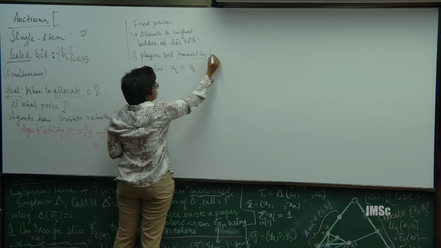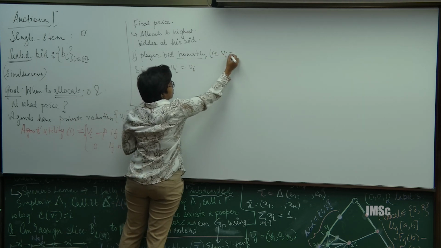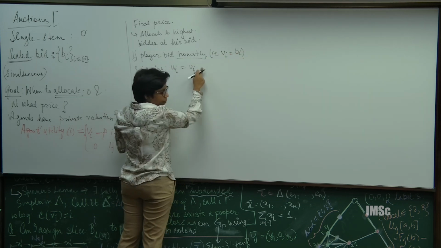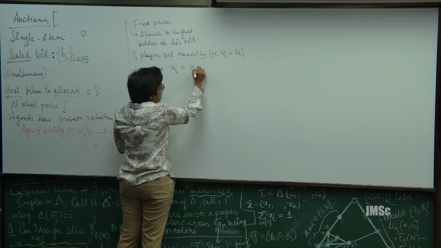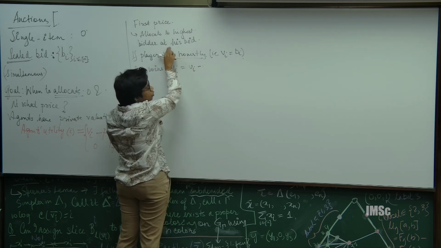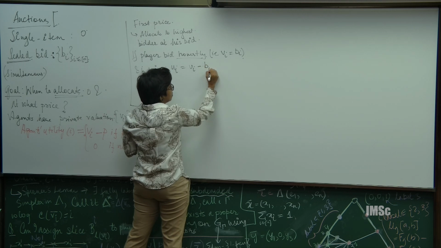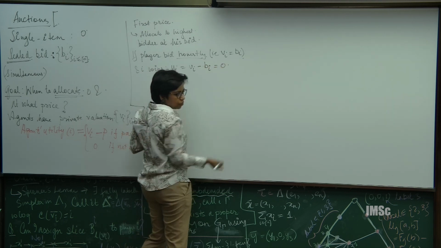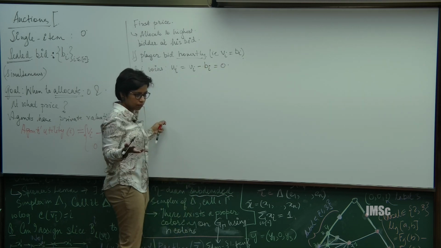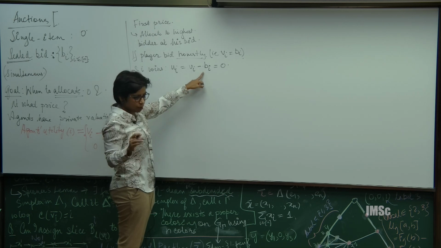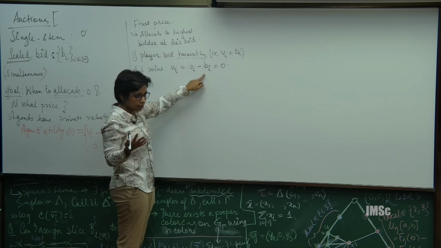Honestly means that Vi is equal to Bi. He is actually bidding his true value minus Pi, because he is going to be assigned the item at the value he bids, this is Bi, correct. So, this is 0, right. This cannot be an ideal situation when you are winning.